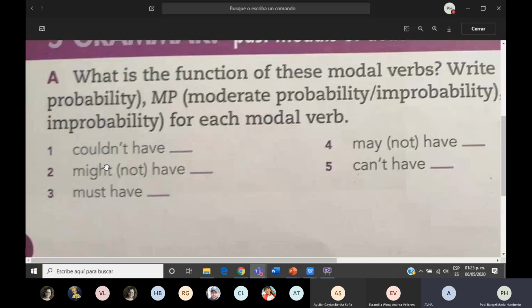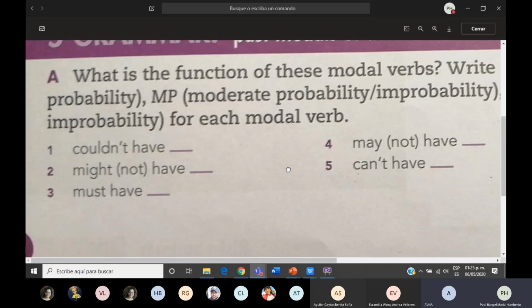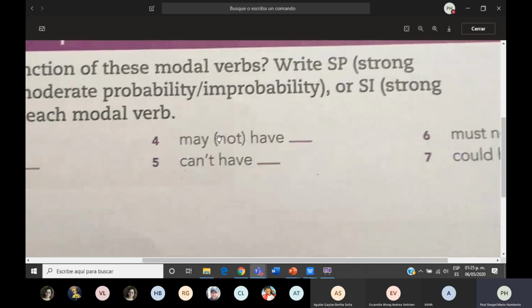All right. Luego tenemos might have or might not have is what? Medium or moderate probability. Very good. It's moderate. Must have. Strong probability. May have or may not have. A medium probability. Okay. Yeah, moderate or medium.